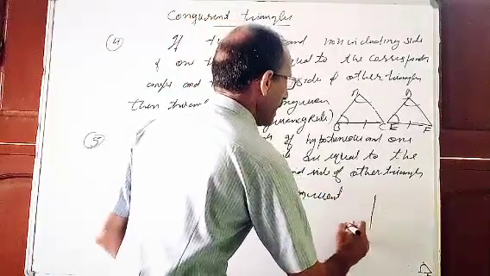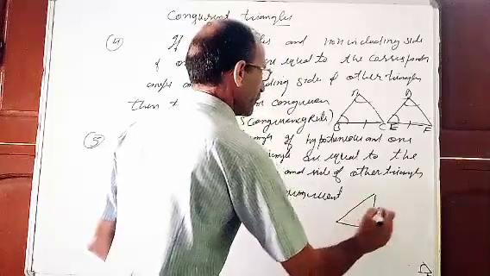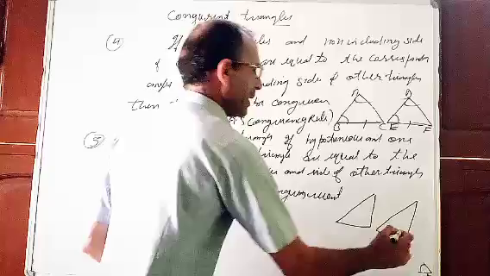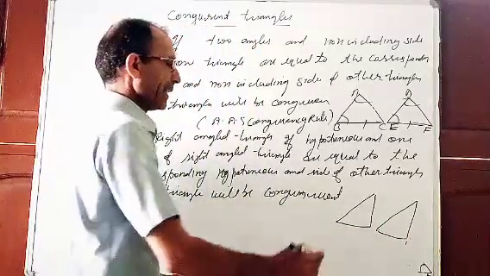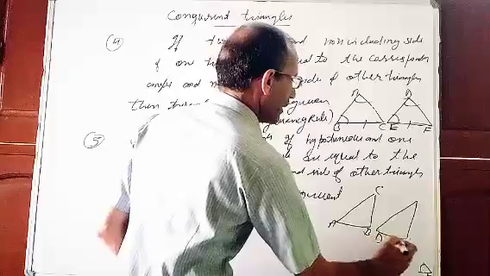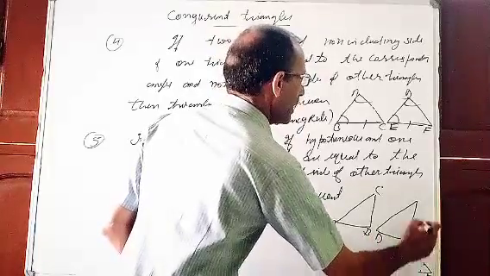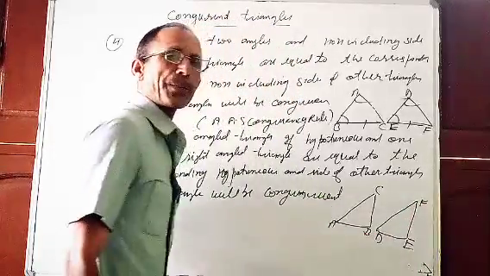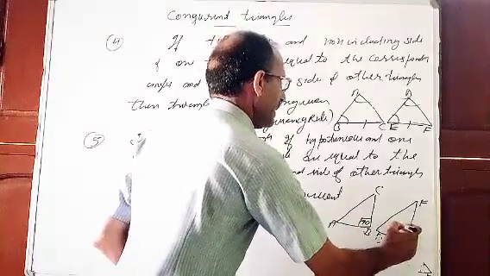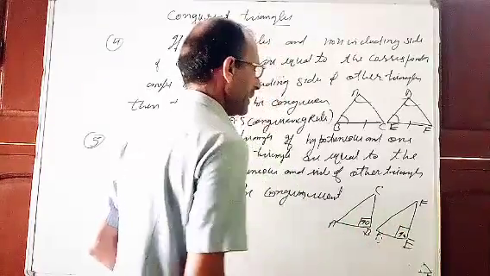So these are two right angle triangles. Right angle means a triangle in which one angle is 90 degrees. So A, B, C and D, E, F. Angle B is 90 degrees and in this one angle E is 90 degrees.